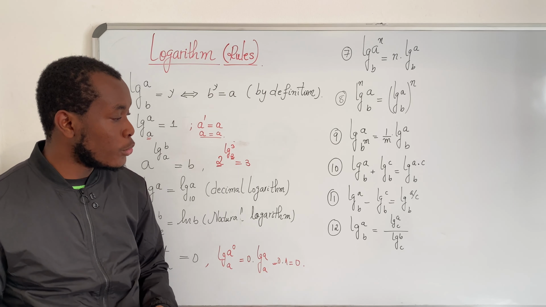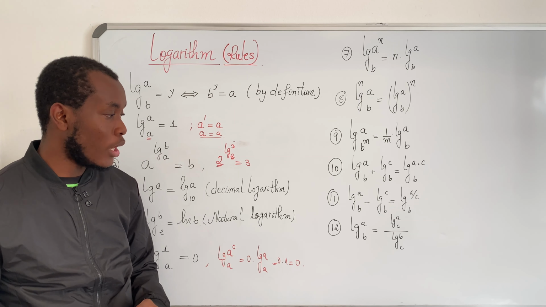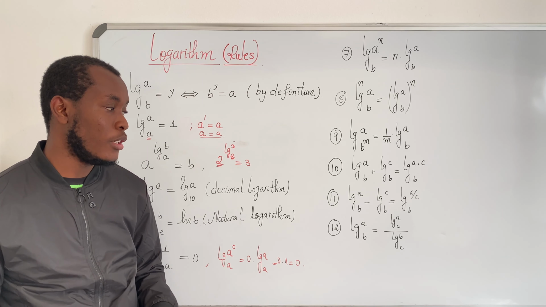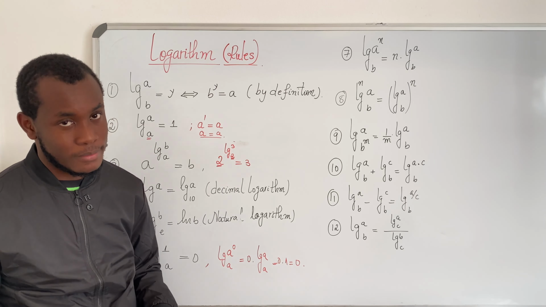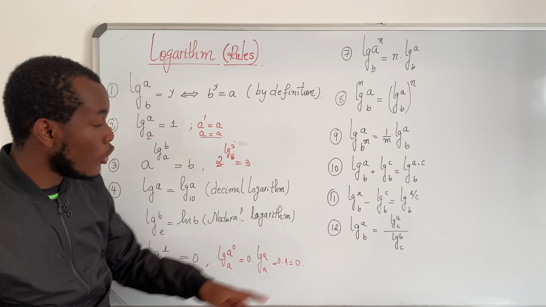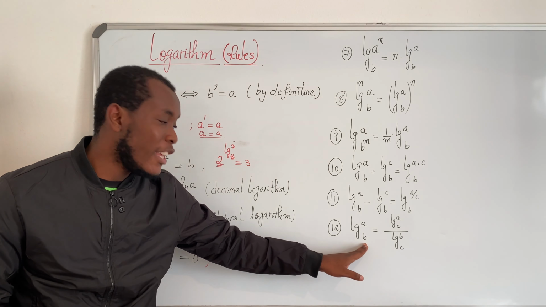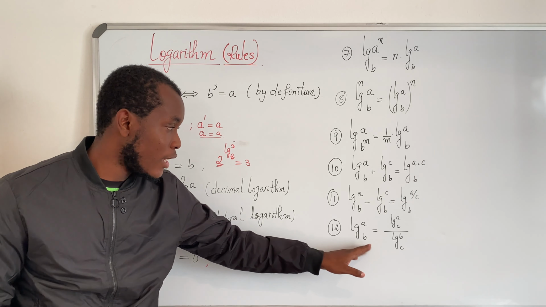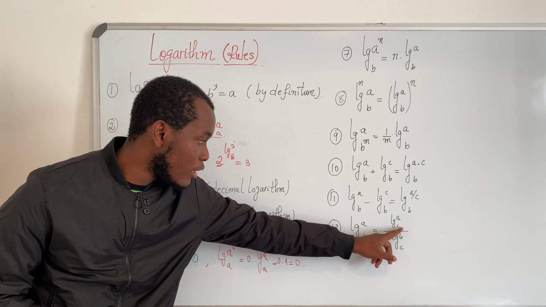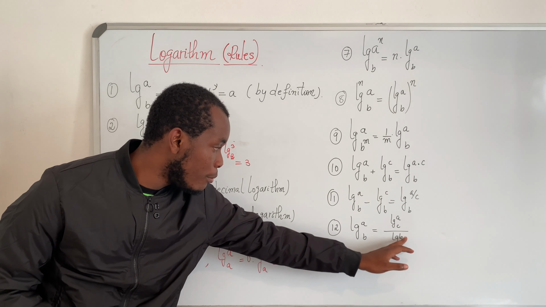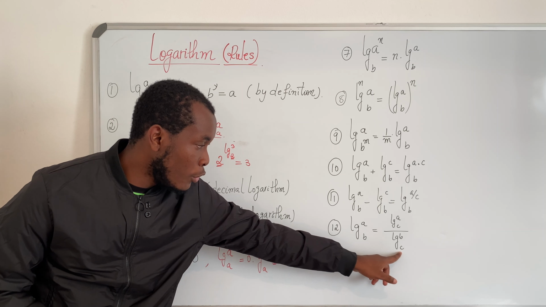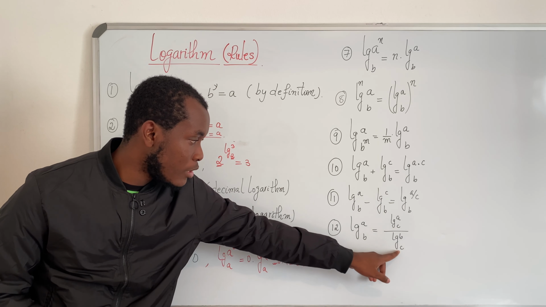Another common rule also is number 12, which is the change of base. We have log of a to the base b. You can introduce a new base by saying this is log of a to the base c over log of b to the base c. You'll notice that the base here is the same as the base here.